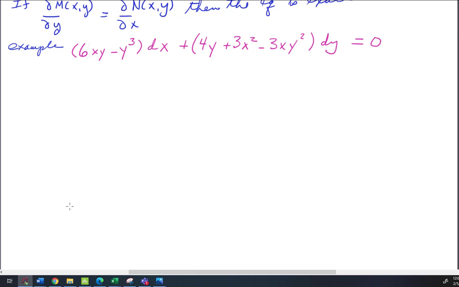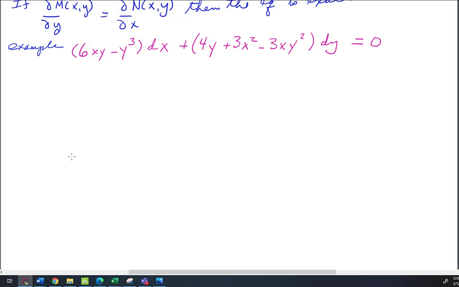Now is this the form we started talking about earlier today? Well, yes it is. It's just written in differential form. I had written it as this piece, which would be m of x, y, plus this piece, which would be n of x, y, dy dx equals 0. But you see, if I put the dx over here, then I've just written that equation in differential form.